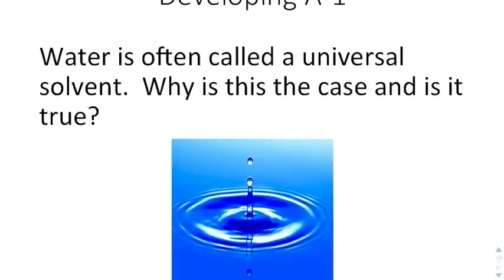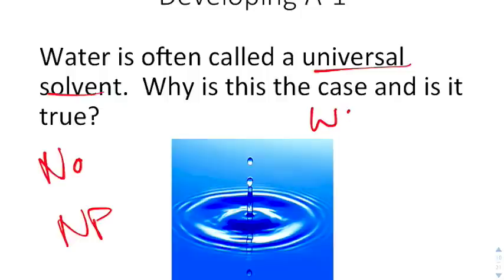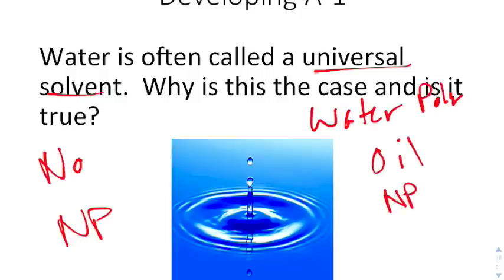So water is often called the universal solvent. Why is this the case, and is it true? The answer is no, it's not true, because it will not dissolve nonpolar substances. So for example, if you were trying to take water and dissolve oil, oil is nonpolar and water is polar. Because of that, water will not dissolve oil.